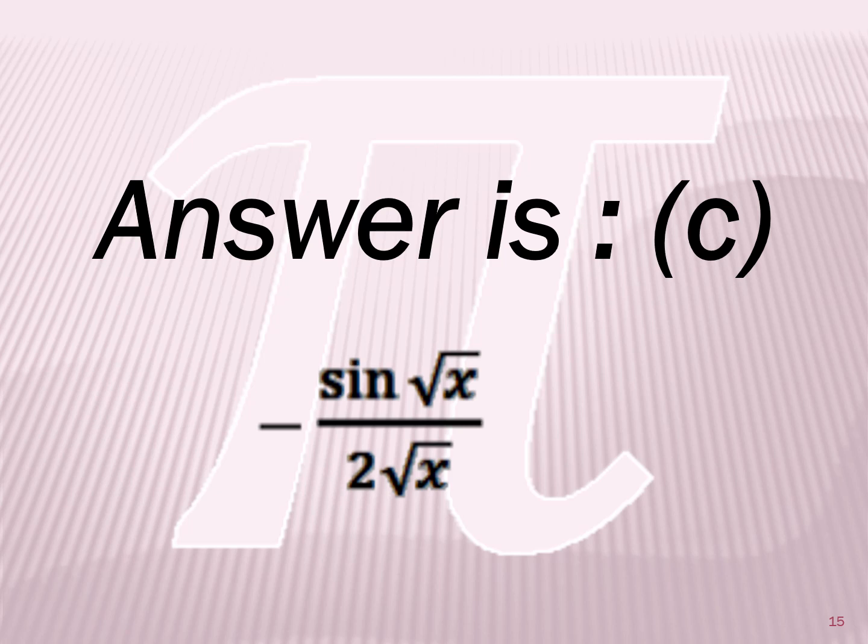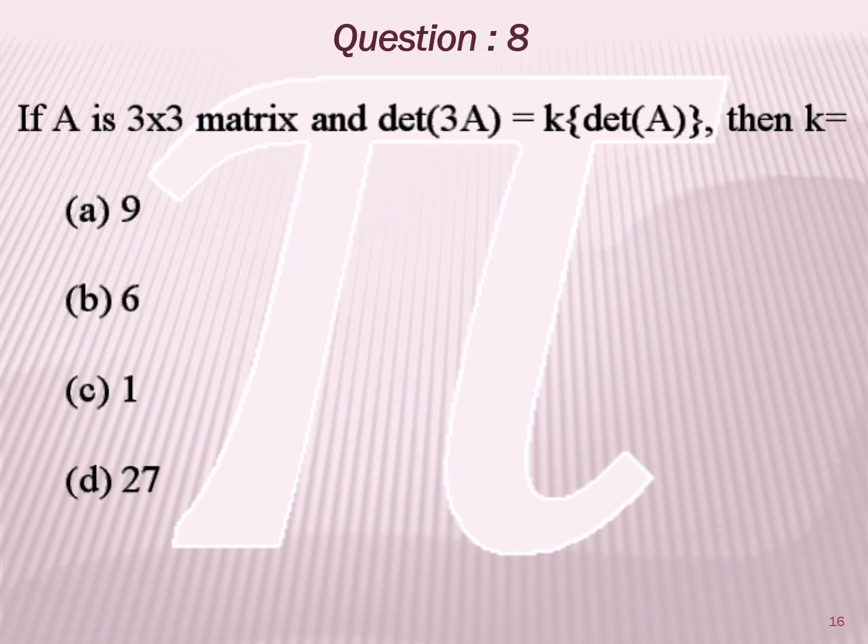Now the next question is, A is a 3 by 3 matrix and determinant of 3A is equal to K multiplied by determinant of A, then what will be the value of K?